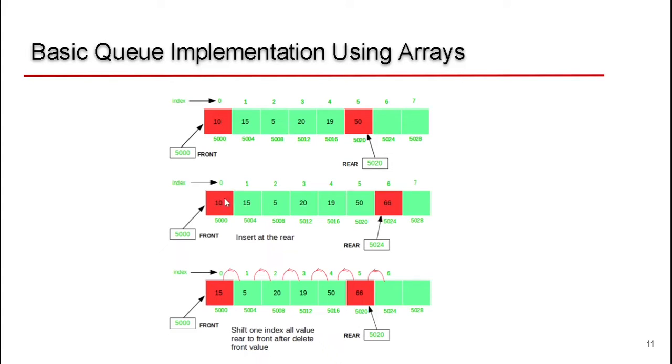Now when you want to delete the head, you just delete the node, and the head will be the next node. The next pointer of the old head is the new head.